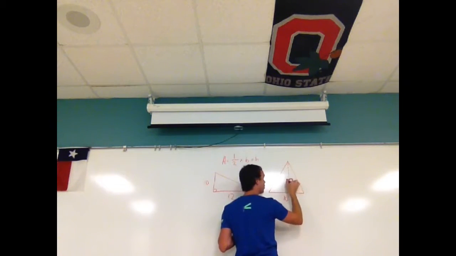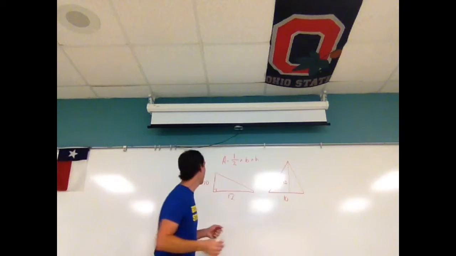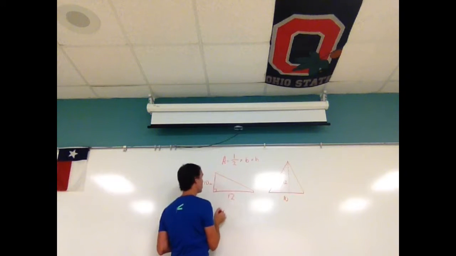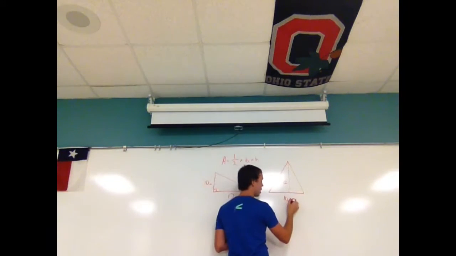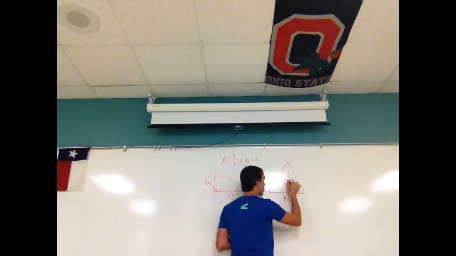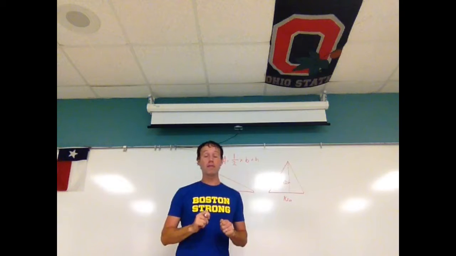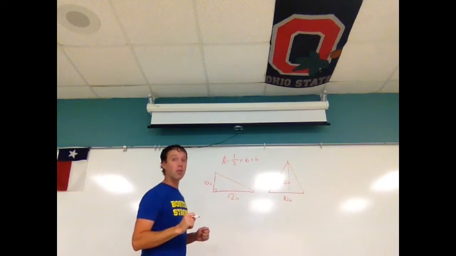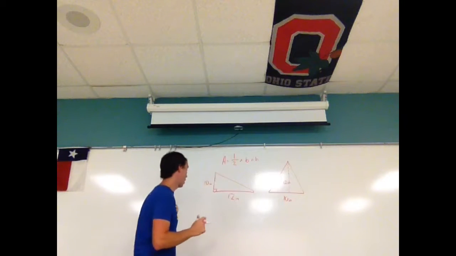And we're going to call the height of this one 12. Now we're going to stick with inches like we have been, so this is 10 inches, this 12 inches, this 10 inches, and this is also 12 inches. When I solve for these triangles, it's really important to remember this 1/2 because it's going to come into play here in a few minutes.